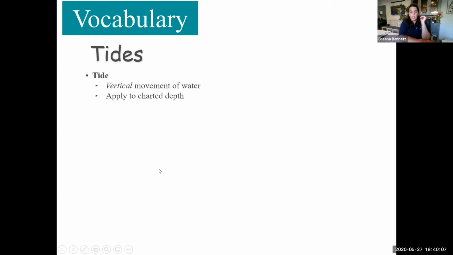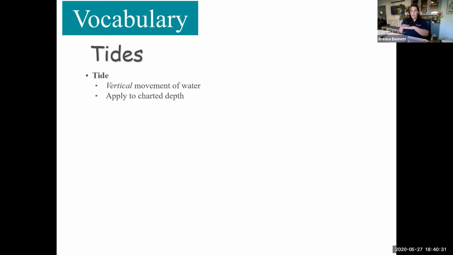So the tide, if we say it's a 3-foot tide, it doesn't mean that there's 3 feet of water under you. It means whatever is plotted on the chart, whatever sounding is on the chart, you add 3 feet to it. You could have a negative tide. You could have a negative 2-foot tide. Doesn't mean you're seeing the ocean bottom.